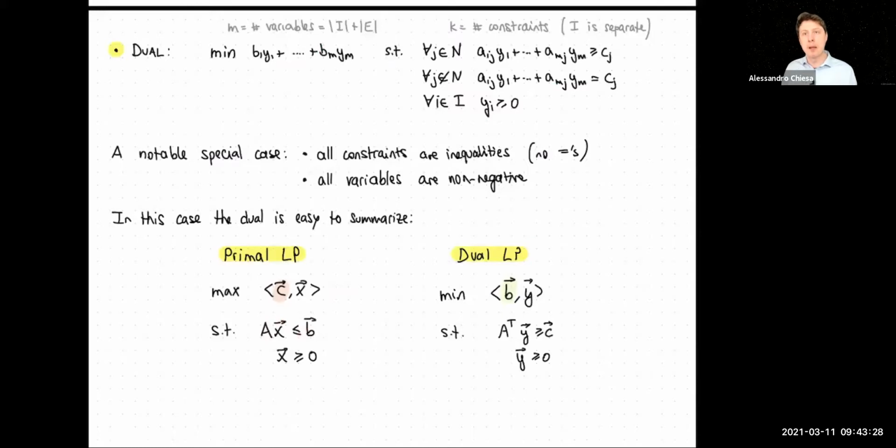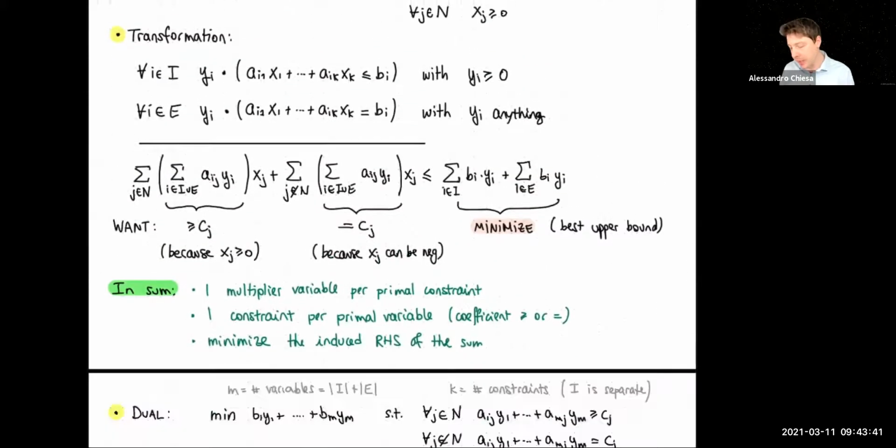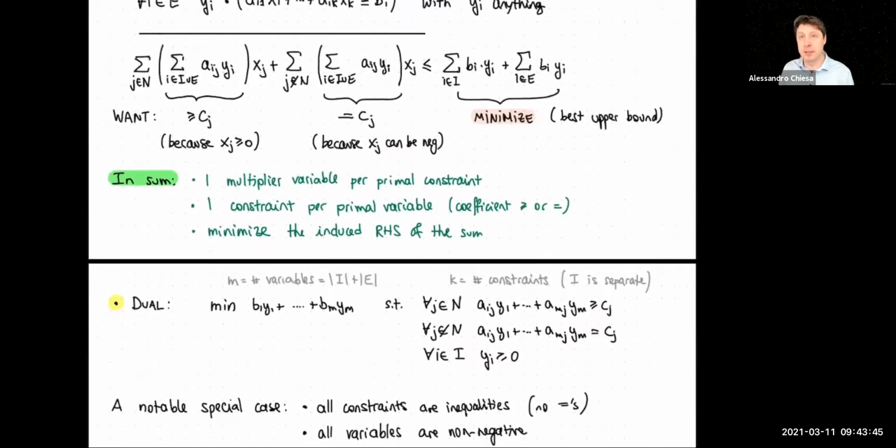So in this case, the primal and dual have a very simple relationship that is easy to remember. But this is not the full general case. The full general case up here is slightly less easy to summarize.